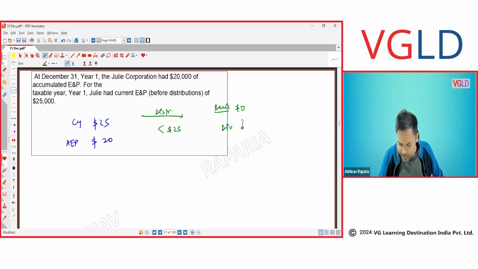Yes, obviously. Because let's say any value, let's say 15,000. So if I take 15,000, then automatically it is the dividend. I hope it is okay.